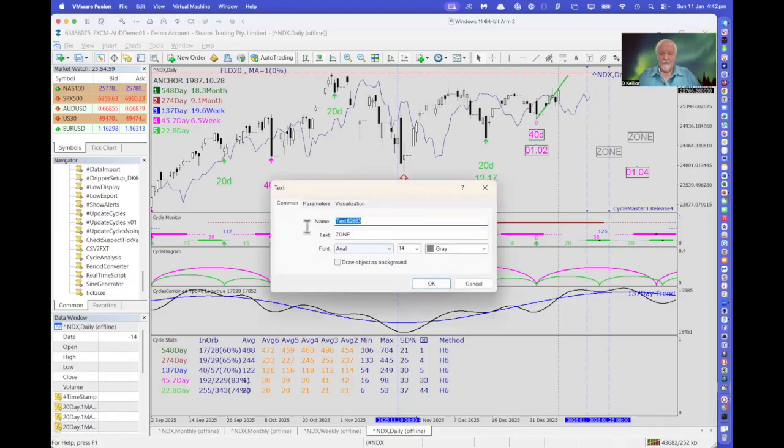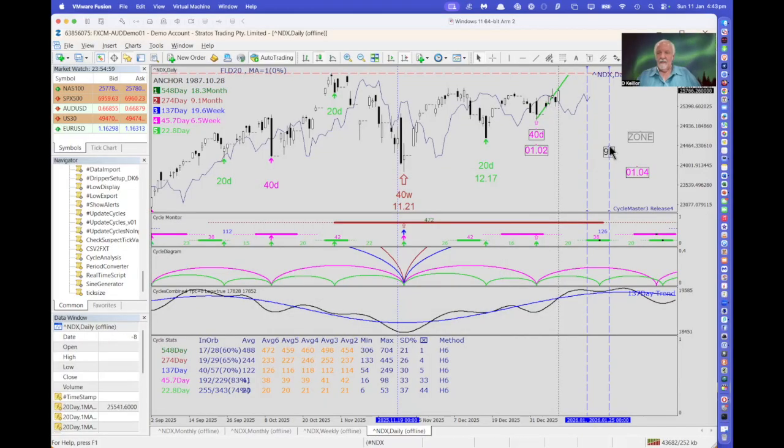So let's just get a 9-week organised. And it's not actually on this harmonic, the 9-week, but what is on this harmonic is this little 20-day.